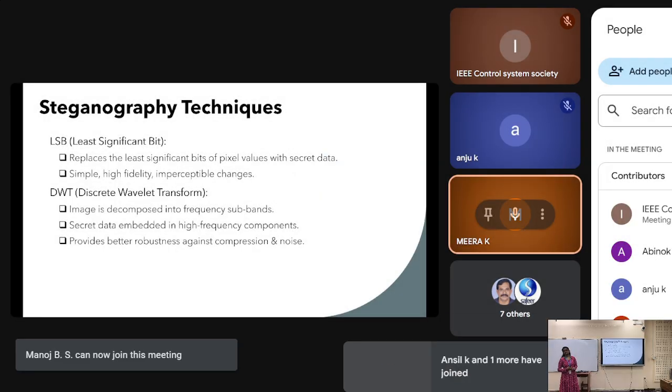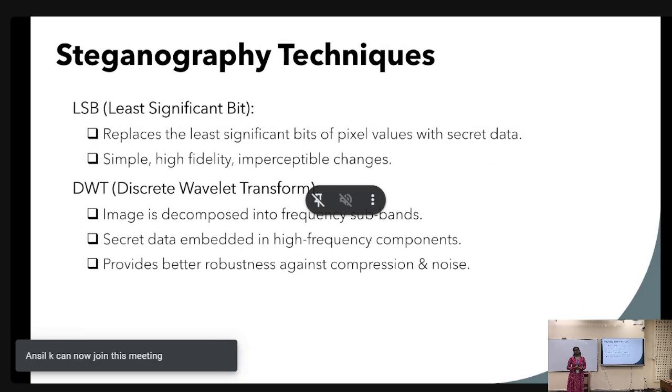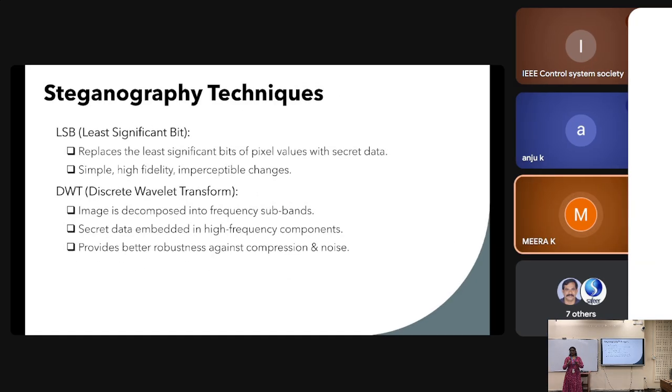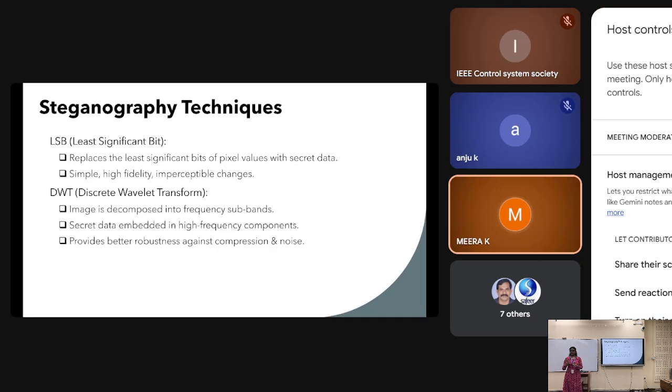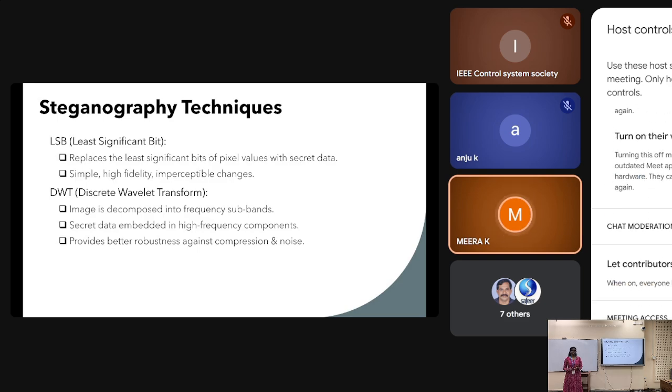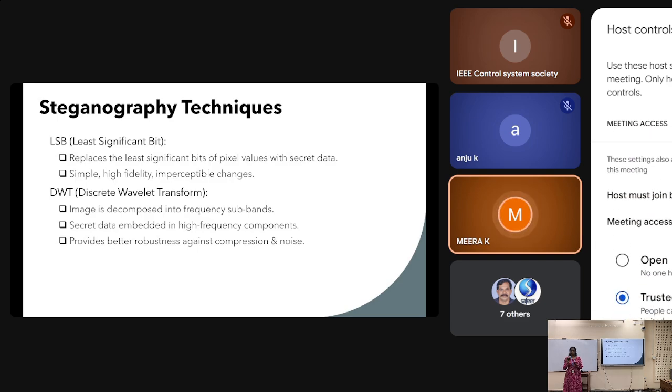Next, about steganography. We are using 3 techniques. One is least significant bit. What it will do is, we have a cover image, which can be any image. Each image has pixel values.